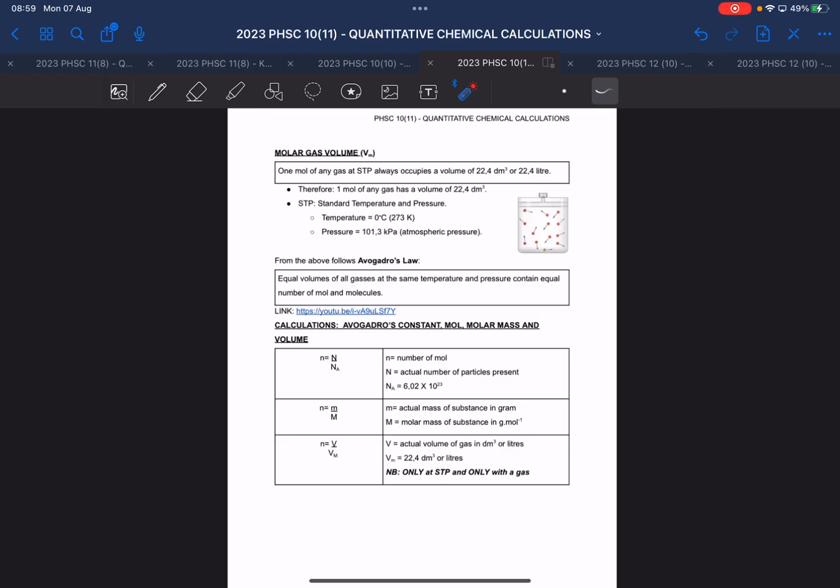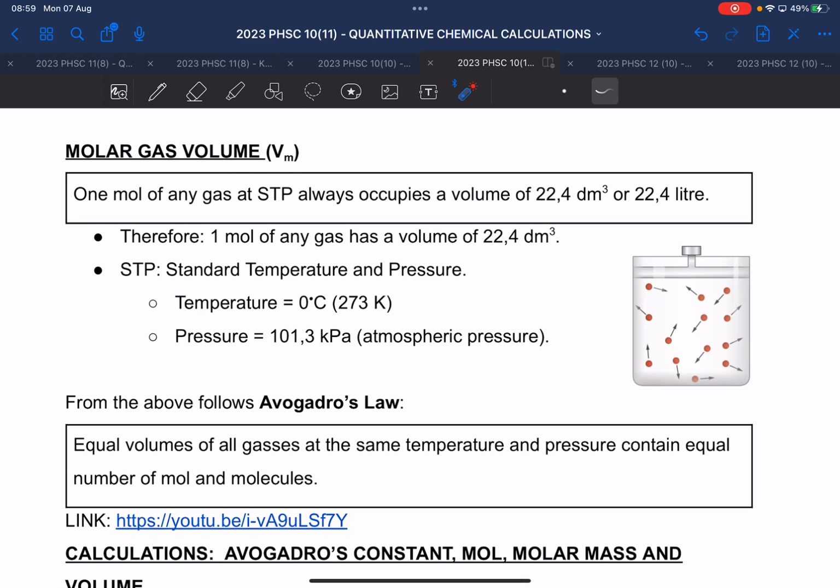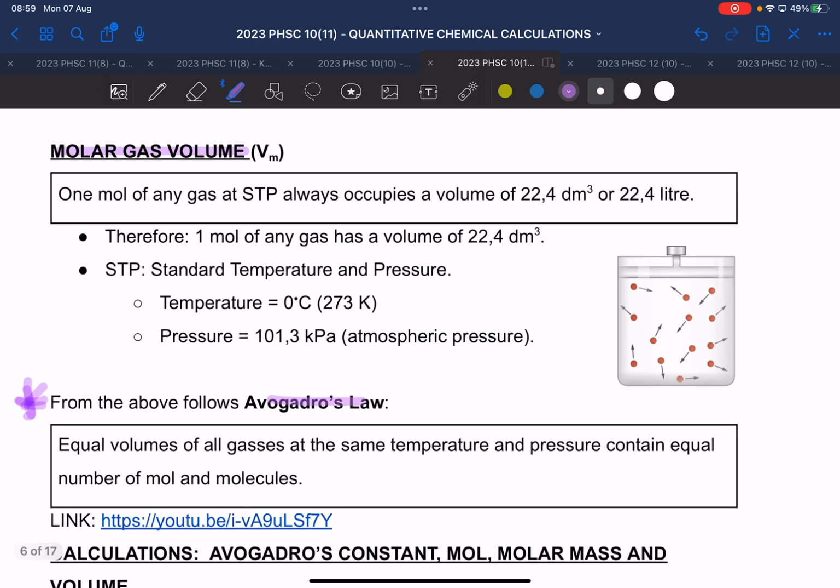Goed, dan laaste bietjie, so last bit is the molar gas volume en dit is eintlik waar Avogadro se eksperiment vandaan kom. Where Avogadro's experiment comes from is this gas volume idea. Okay? And I'm going to start here at the bottom. He said that if you have equal volumes, 2 liters, 3 liters, wat ook al, equal volumes of all gases.